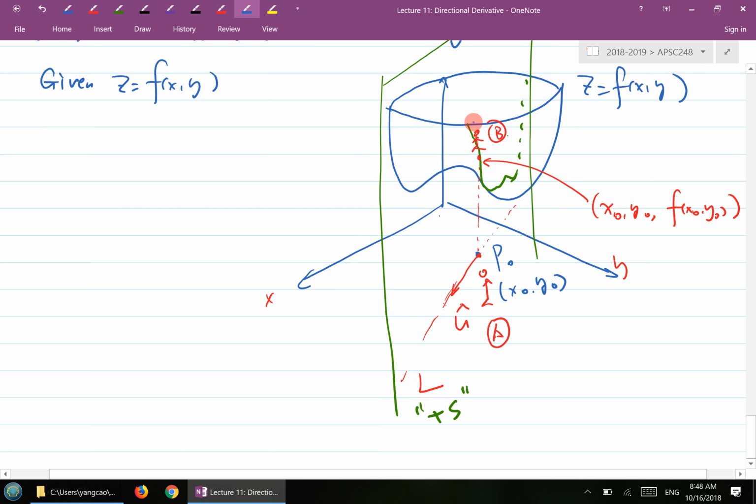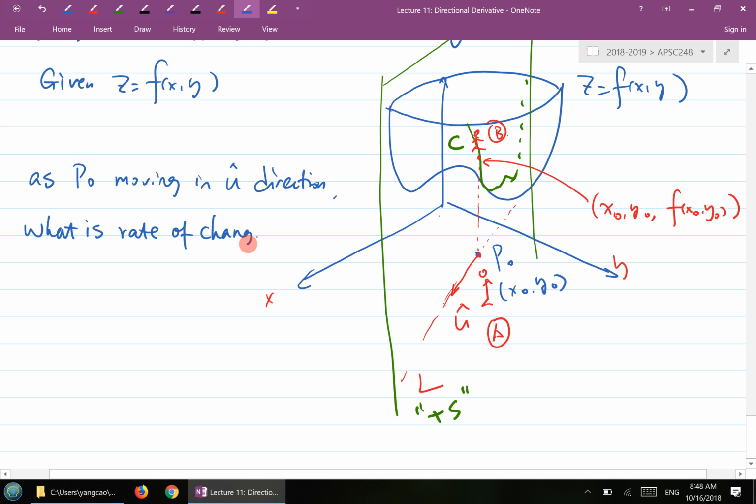Let's say I call this green curve C. So the idea is, as P naught moves in the u hat direction, what is the rate of change for person B on the curve C?